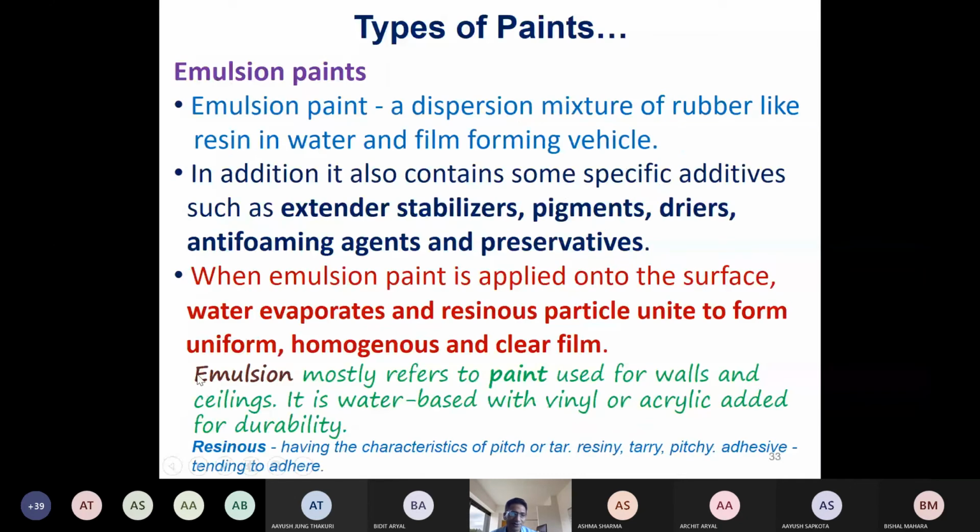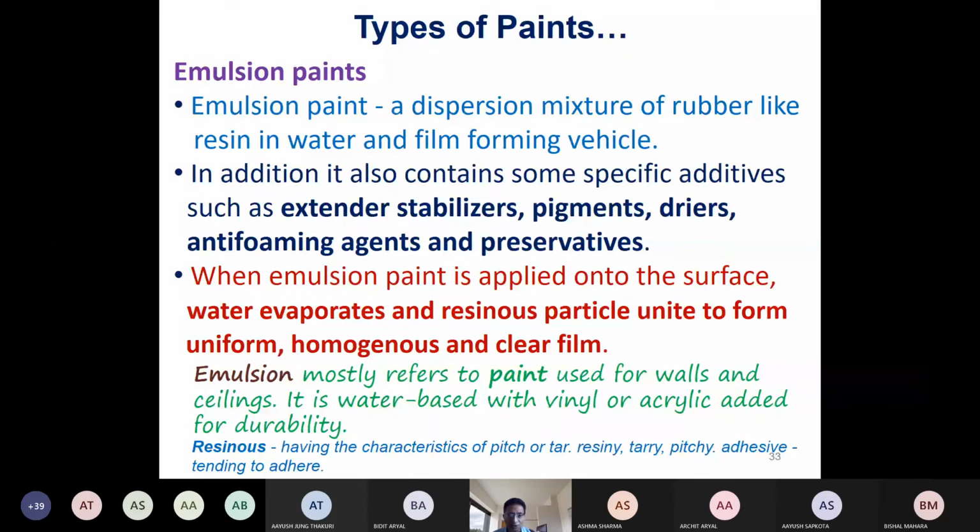Immersion paint. Immersion paint भने पनि सुनेको होला हैन. Immersion paint is dispersion mixture of rubber-like resin in water and film forming vehicle. Vehicle भनेको the mixture, liquid mixture of non-volatile and volatile solvent. In addition, it also contains some specific additive. त्यही कारणले immersion paint महँगो हुन्छ.